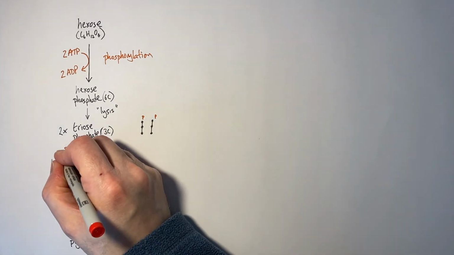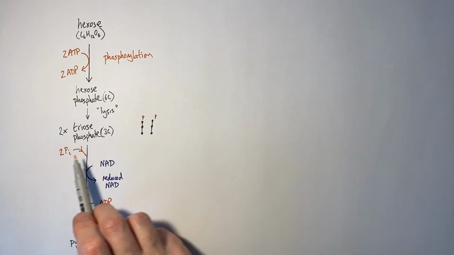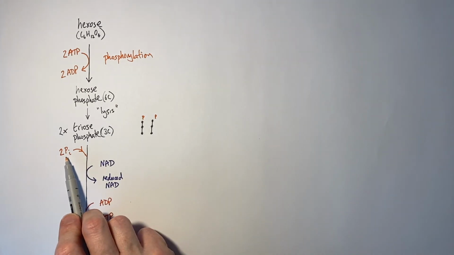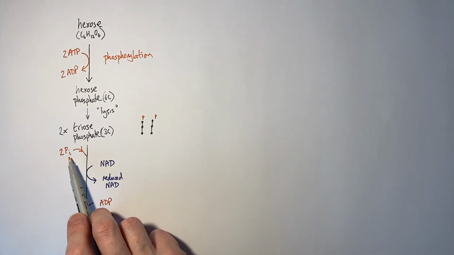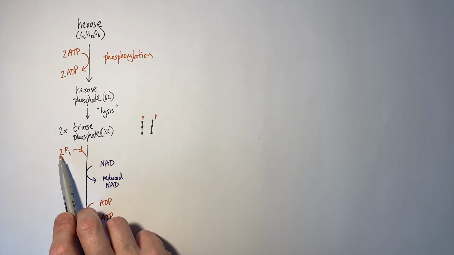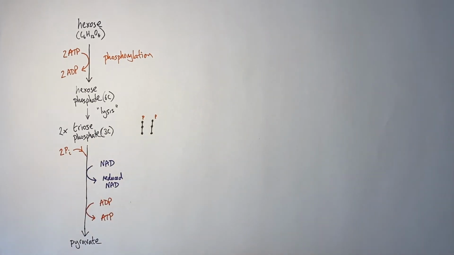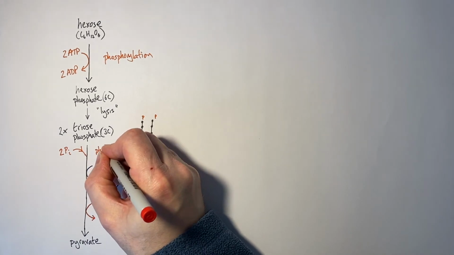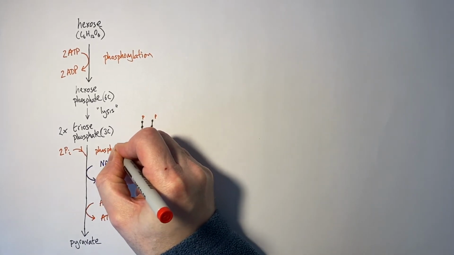What happens now is that for each of them, another phosphate group is added, the inorganic phosphate. So we have to say 2 inorganic phosphates come in. And that, therefore, here would also be a phosphorylation.